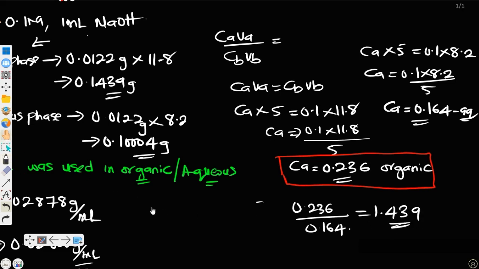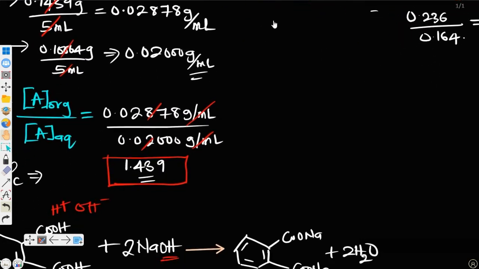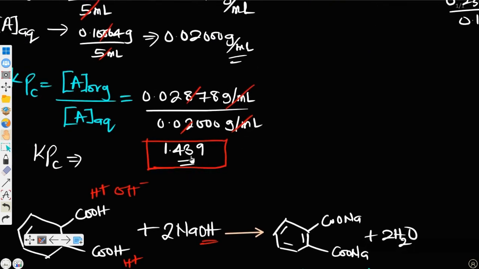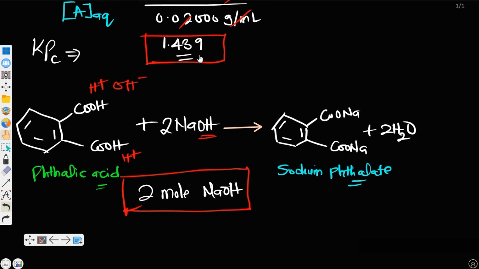And it's the same as what we had here. What we had here was 1.439. So you see that they are the same thing, whichever way you use to solve it.